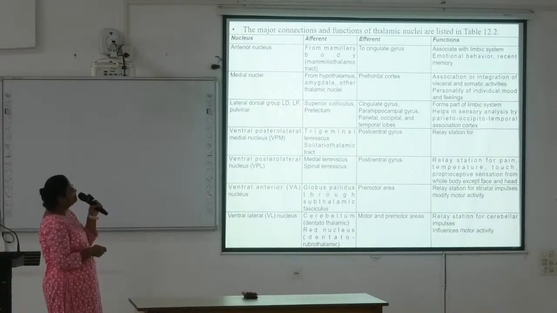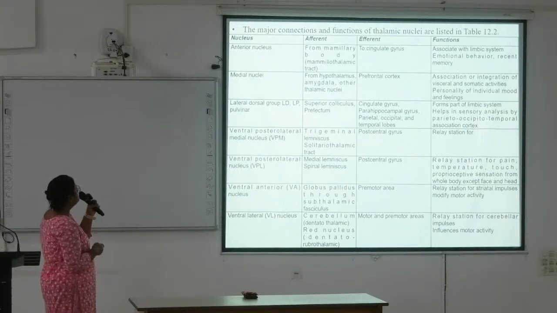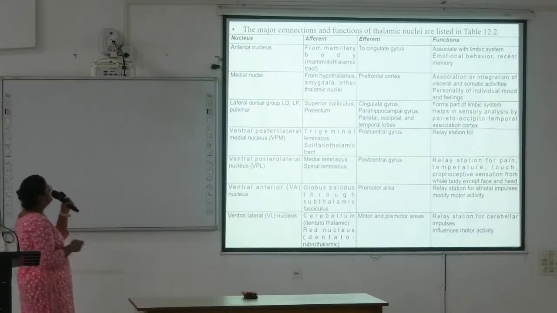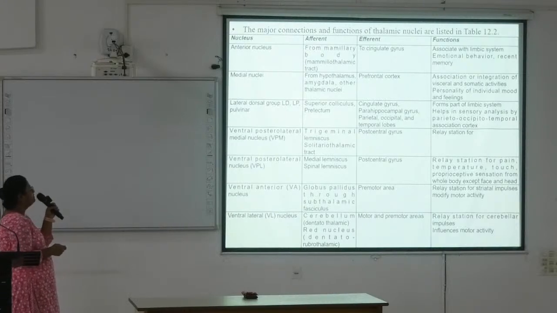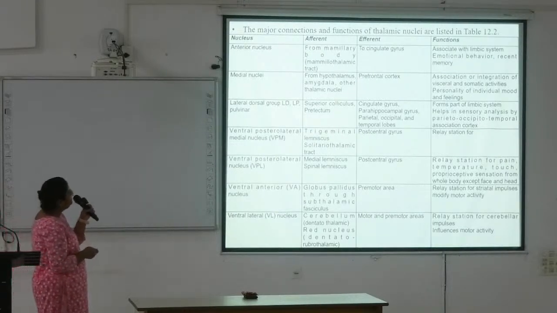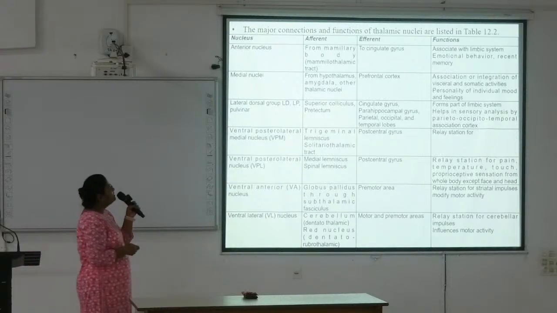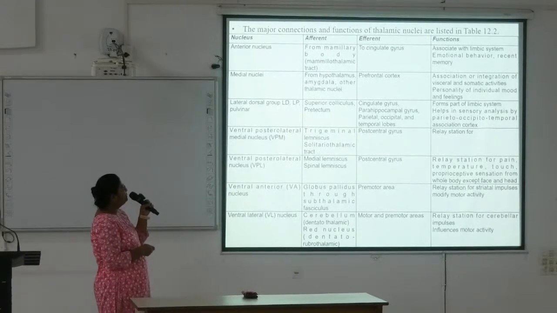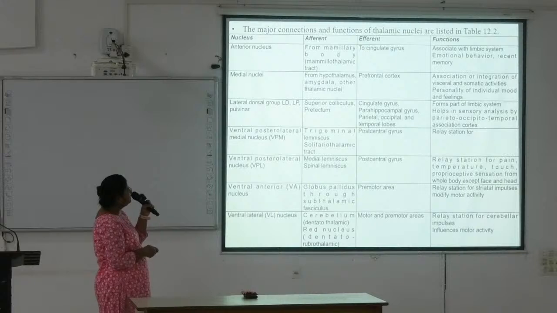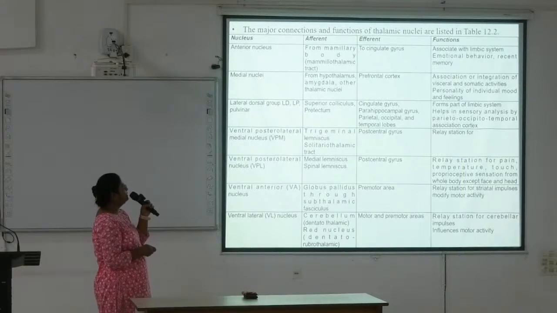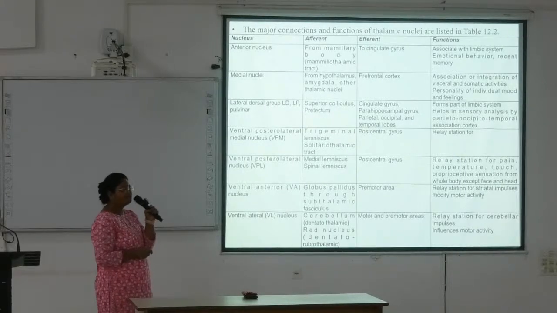Function is associated with the limbic system. It helps in emotional behavior and recent memory. Next is the medial nuclei. It gets afferents from hypothalamus, amygdala, and other thalamic nuclei. Efferents go to the prefrontal cortex. What are the functions? It helps in association and somatic activities, and the personality, mood and feelings of the individual.